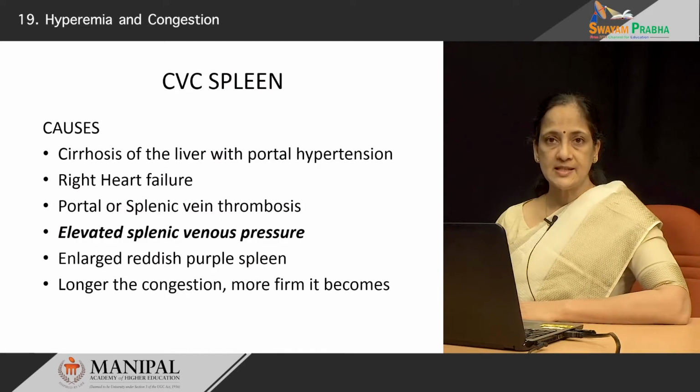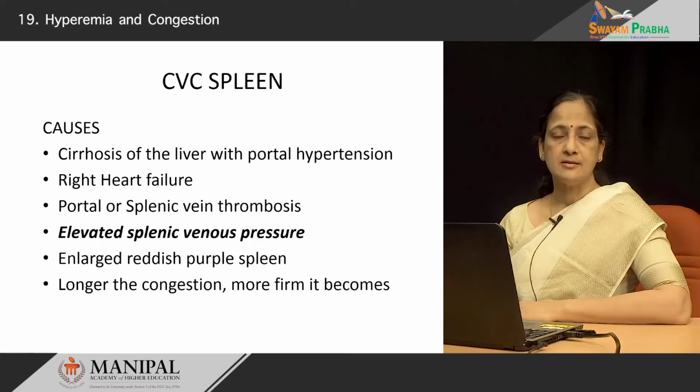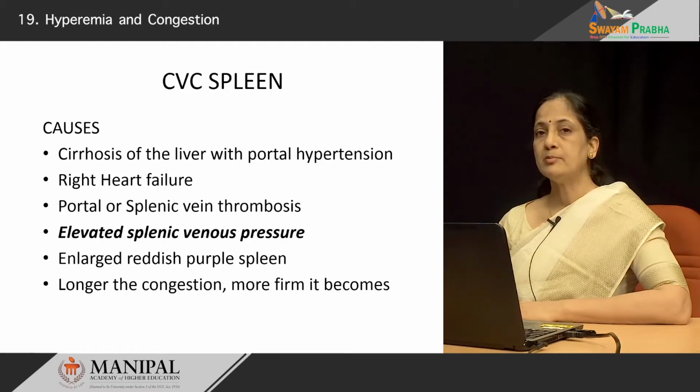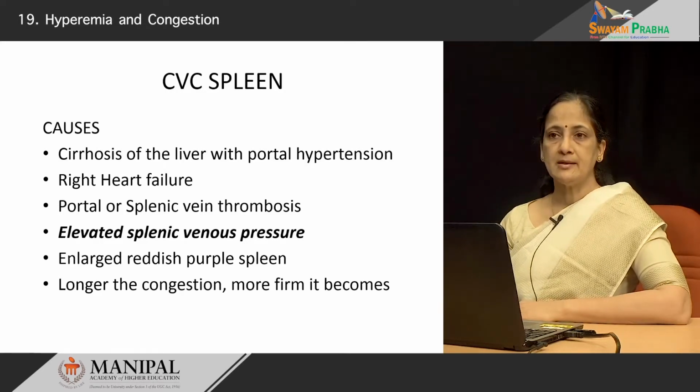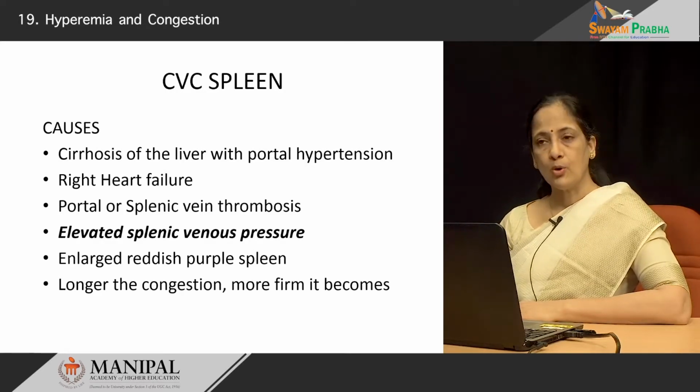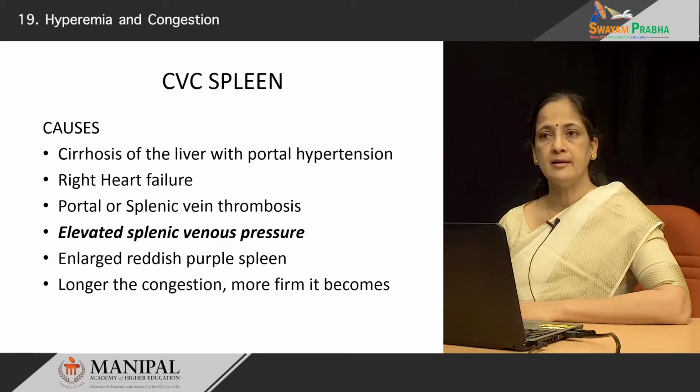In CVC spleen, we find that it occurs when there is CVC, cirrhosis of the liver with portal hypertension. Therefore, there will be a back pressure on the splenic vein causing CVC of the spleen. CVC spleen can occur not only in cirrhosis but also in right heart failure and after there is cardiac liver cirrhosis.